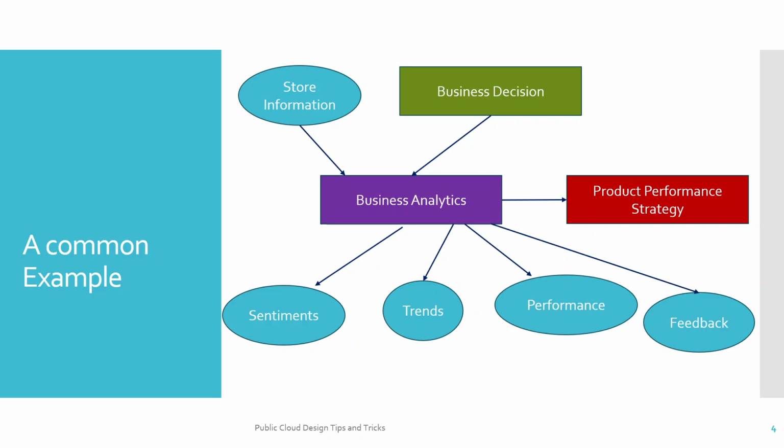And now you have to build an analytical capability on top of that that will provide you a strategy for your product performance, or how your product is doing in different stores. Based on that, the decision maker of the organization can take a business decision. So this is not a very simple example.